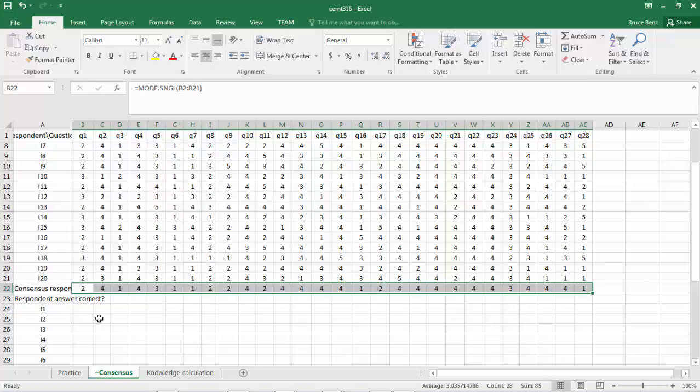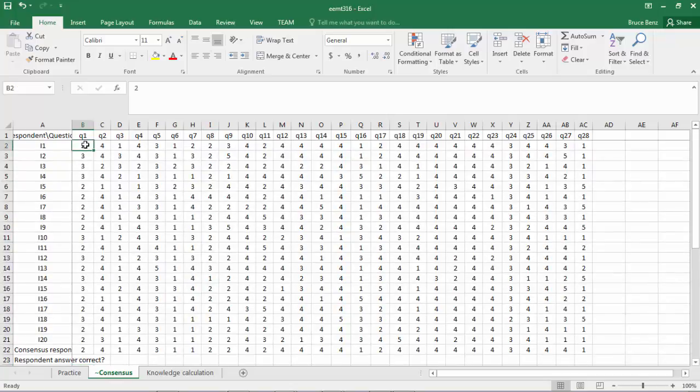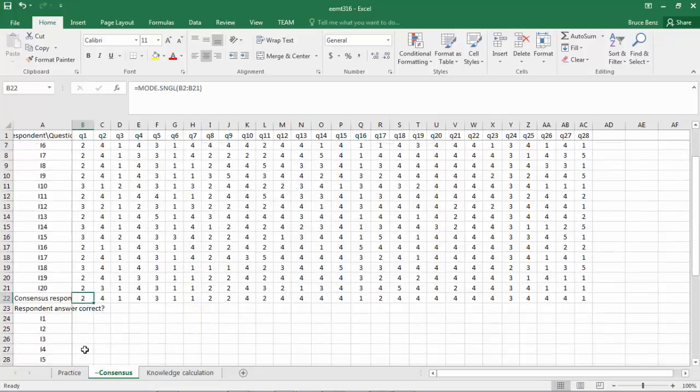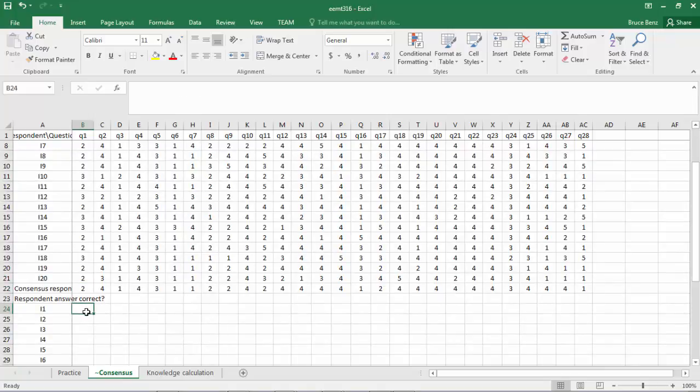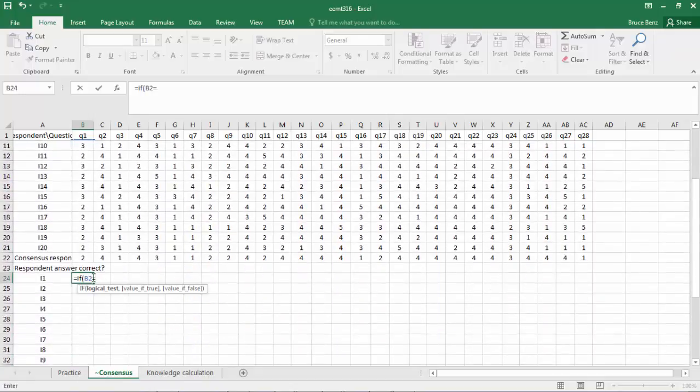Then the question is, is the respondent's answer correct? In order to determine that, we check to see if a respondent's answer matches the consensus. Here, respondent 1's answer is 2, and the consensus or modal response is 2. We use the IF statement by typing equals IF, parentheses. The logical test is if this response is equal to the modal response.